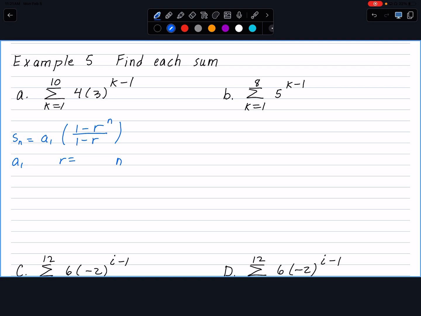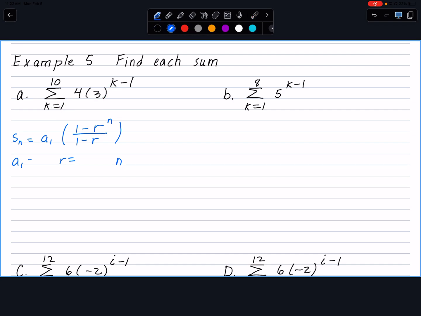So in order to find the first term, there's a couple ways of doing it. One is I could just take this value and plug it into k. If I plug it into k, 1 minus 1 is 0, 3 to the power of 0 is 1, 1 times 4 is 4.